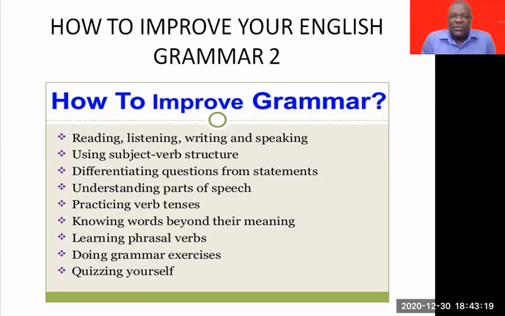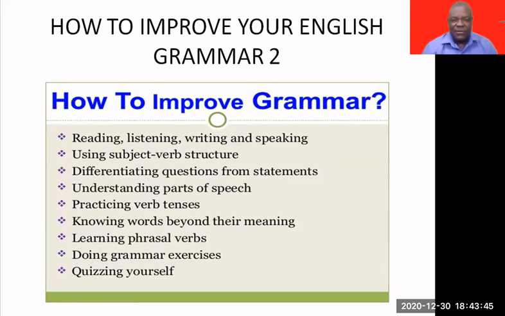But not until you have really listened and read and spoken, writing tends to come last. Then using subject-verb structure, differentiating questions from statements. These are different ways of practicing how to improve your grammar.